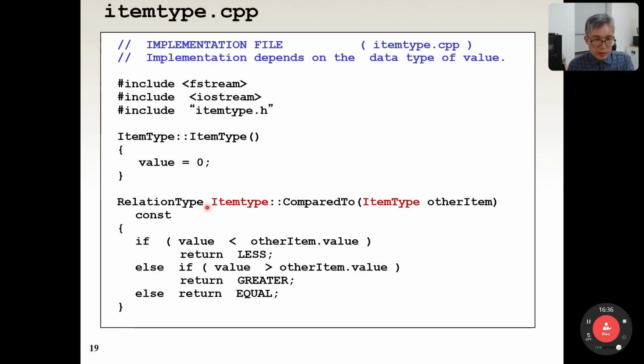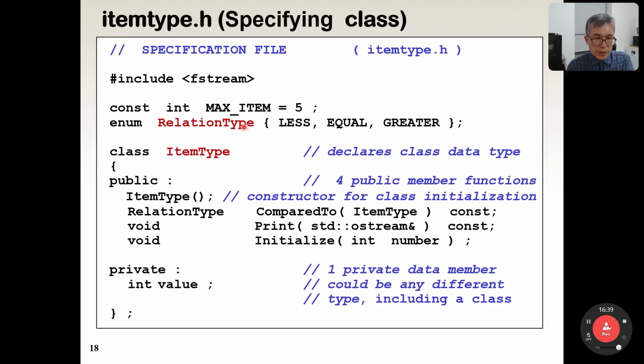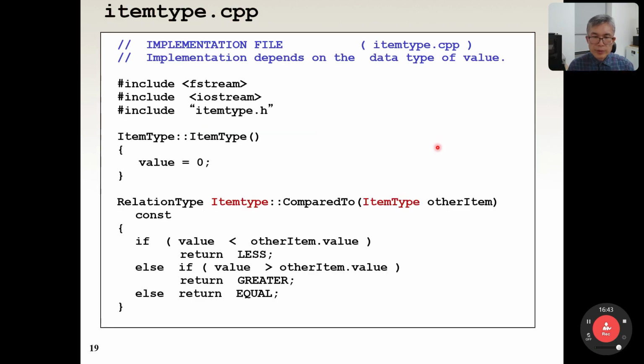And then RelationType, we have the RelationType enumeration, right? LESS, EQUAL, GREATER. So the Compare function: otherItem is a parameter, passed in, and value is this object's own value, myself. The value of the class object is compared with the input variable otherItem's value.